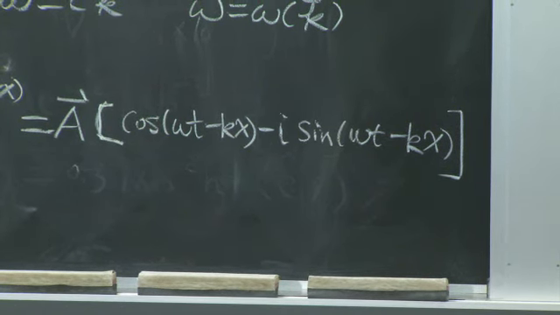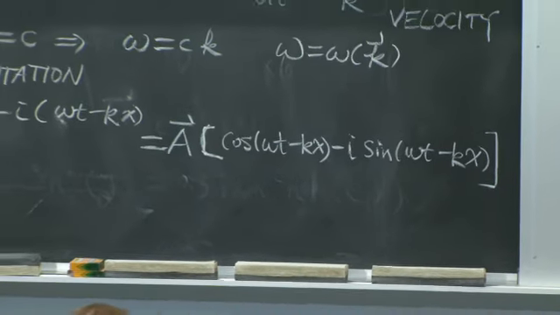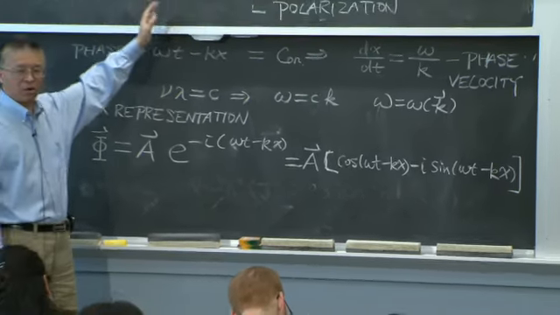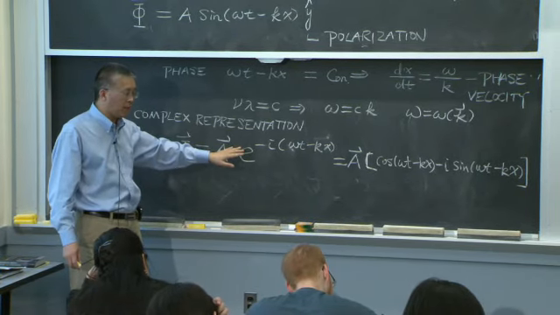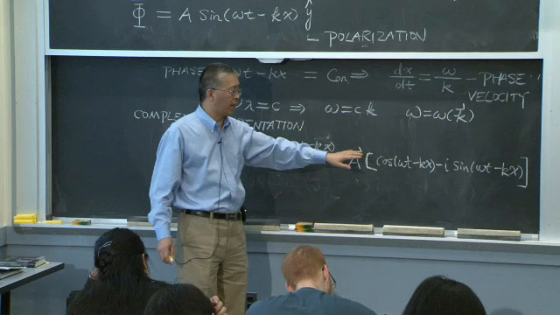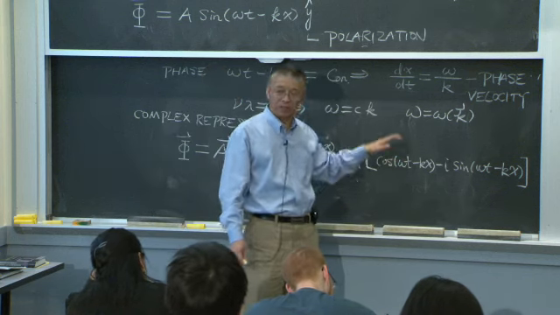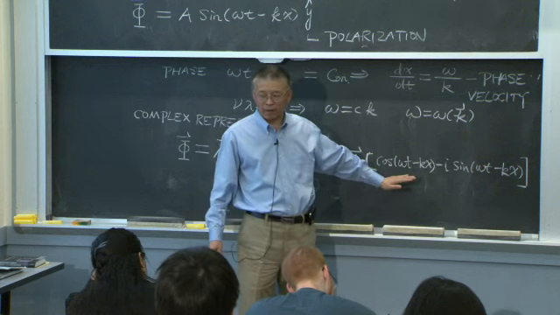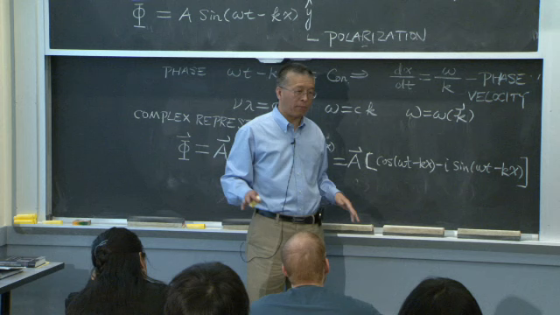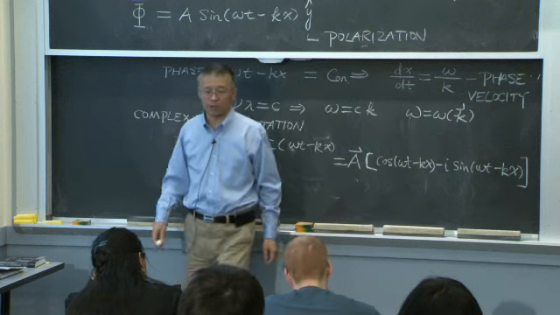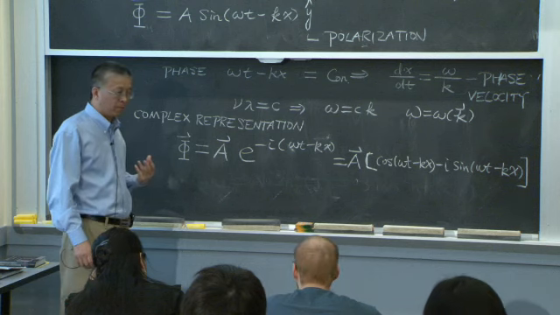And in real life, of course, the waves normally are either sine or cosine. So if my initial condition and my boundary condition are all for the real part, cosine, then at the end, after I solve my problem in this complex representation, my real part solution is what I'm looking for.